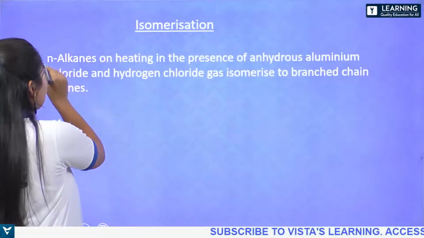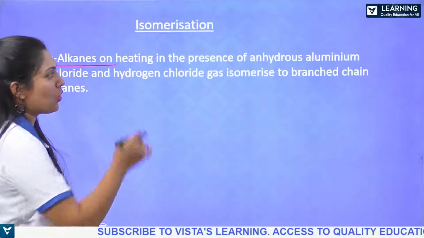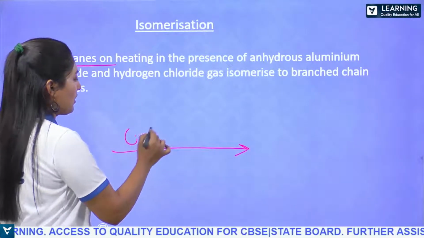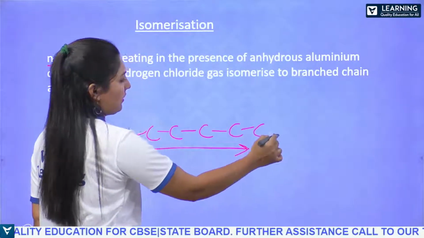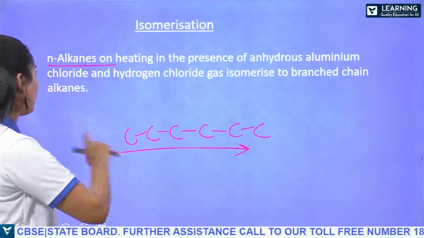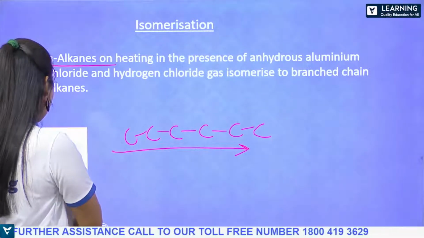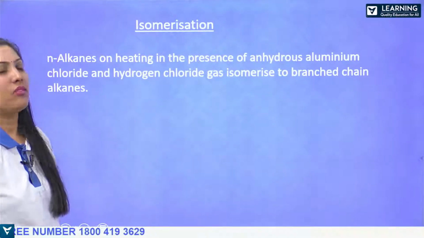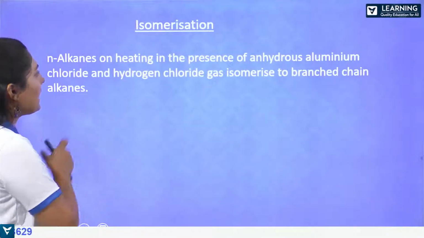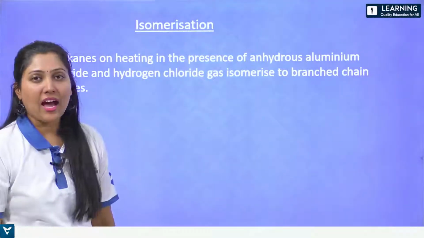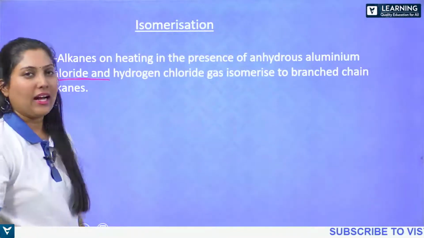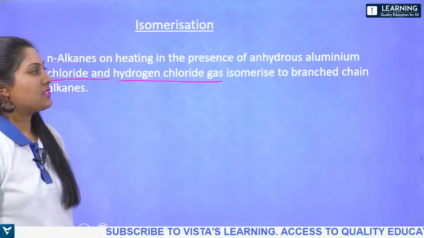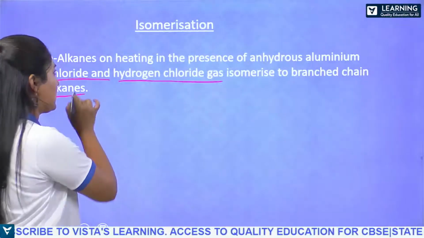So in alkanes, on heating in presence of N-alkanes, which means they should have a long, continuous carbon chain. Instead of having branches, if you have a long chain, we call it N-alkane. An example is N-butane, a complete continuous chain. Likewise, N-alkanes on heating in presence of anhydrous aluminum chloride and hydrochloric acid or hydrogen chloride gas isomerize into branched chain alkanes.